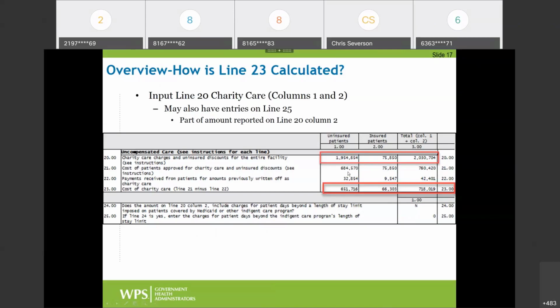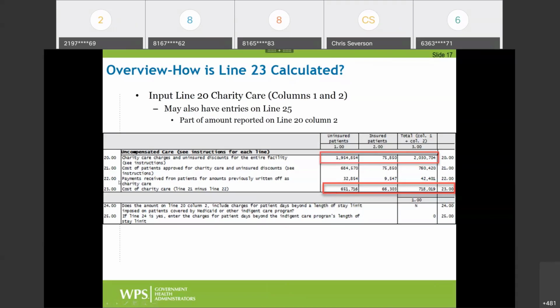So in other words, for example, we've determined that you had $684,000 of uninsured patient cost. However, you have some payments, $33,000 of payments that were made. So CMS is not going to treat that as uncompensated care because it was obviously compensated. That's why that reduces the amount that goes to line 23.